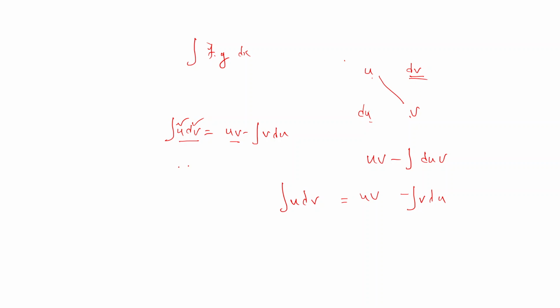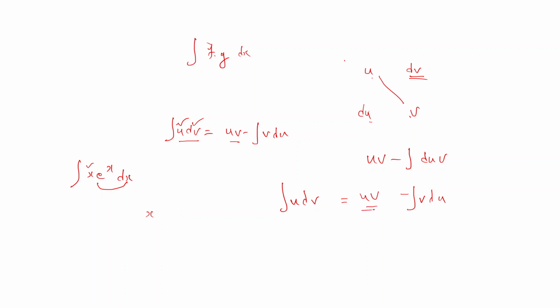Understood. So for example, let's take the same case, x e power x dx. Now e power x dx he has taken as the second function. The first function is x. So the first function times the integral of e power x dx, what has he got? e power x.